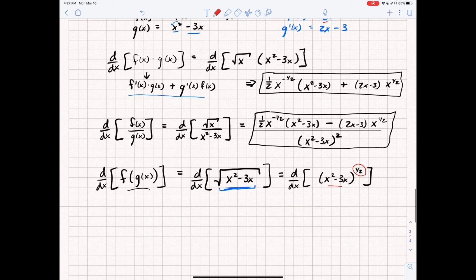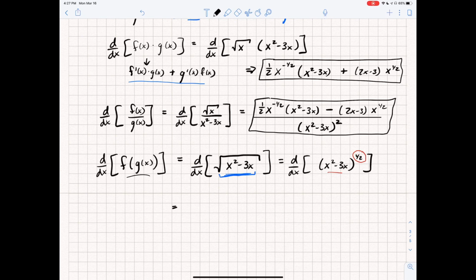And so to do chain rule says to do the derivative of the outside. Well, that means this 1/2 here. It's a power rule, so the 1/2 will come down to the front. My g doesn't change. The inside will stay. I need to finish the power rule by subtracting 1. So 1/2 minus 1 is negative 1/2.